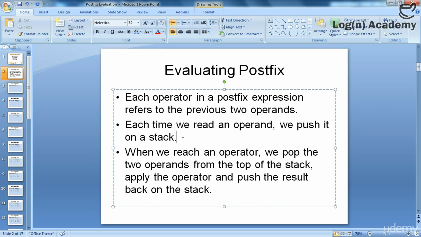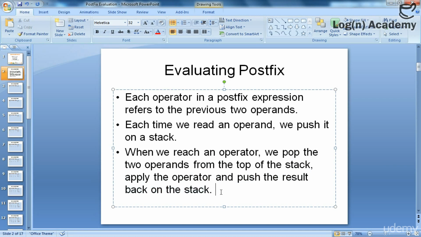And the second part is the operator. We just have two things, the operator and the operands, no brackets, because we know that a postfix expression is bracket free. So when we reach an operator, we pop the two operands from the top of the stack and apply the operator and push the result back to the stack.